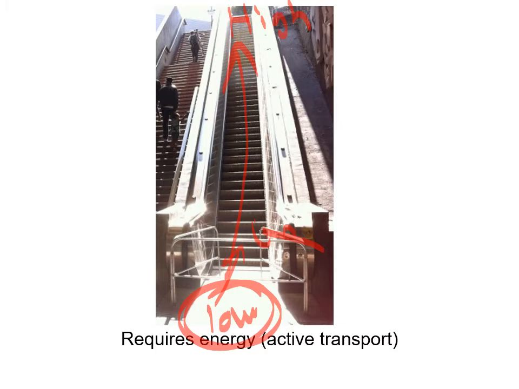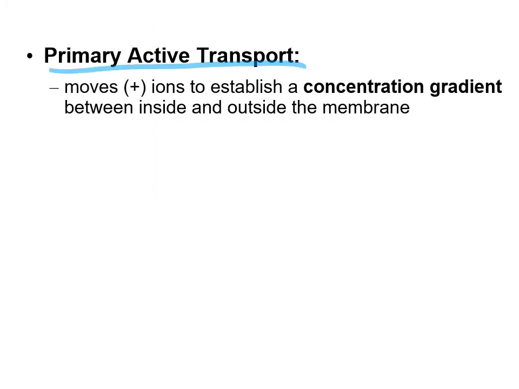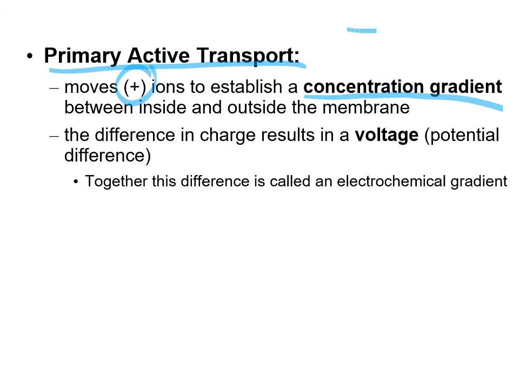Active transport. So for primary active transport, what happens is ions are moved in a way to make a concentration gradient. So you can imagine if we had a membrane phospholipid bilayer here, we can pump a whole bunch of ions, and this would require some energy, but let's say these are positively charged ions. We can move a bunch of them to one side of the membrane, and you'd end up with a higher concentration.